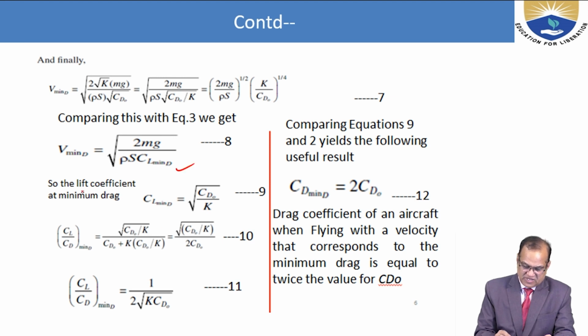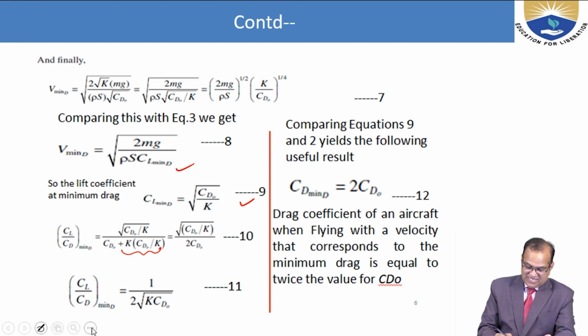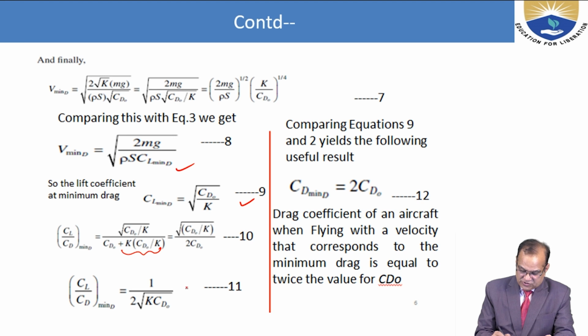So the lift coefficient at minimum drag, CL minimum drag, is equal to under root CD naught by K. If we divide CL by CD at minimum drag, we get under root CD naught by K divided by CD naught plus CD naught, which is 2 CD naught. So CL by CD at minimum drag is equal to 1 by 2 under root K CD naught.